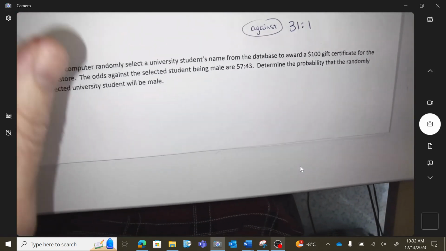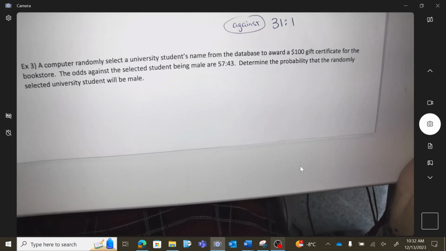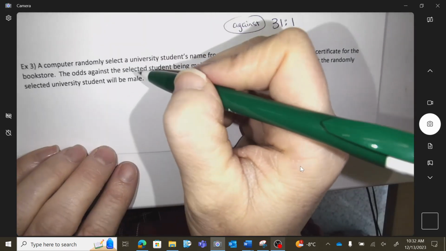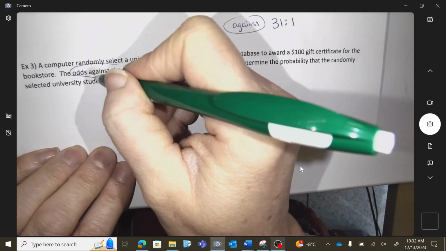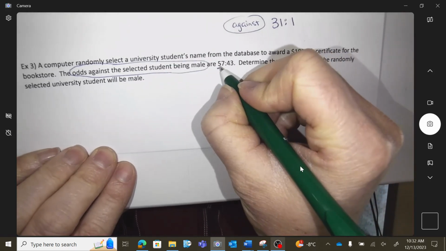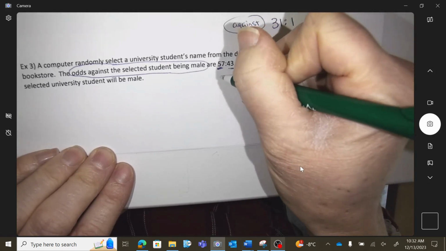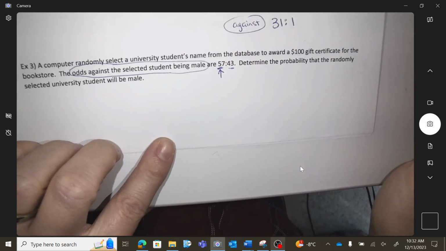Okay, number 3, a computer randomly selects a student's name from a database for a $100 gift card. The odds against the student being male is that to that. So what does this mean?